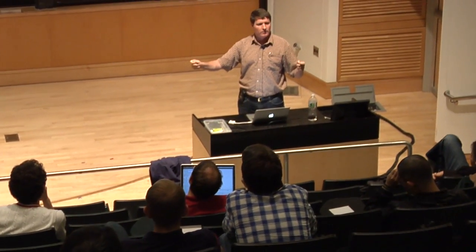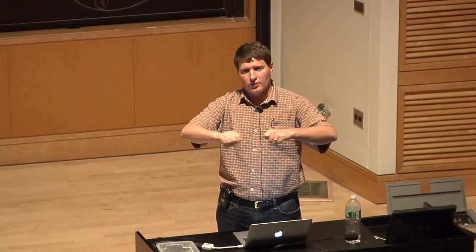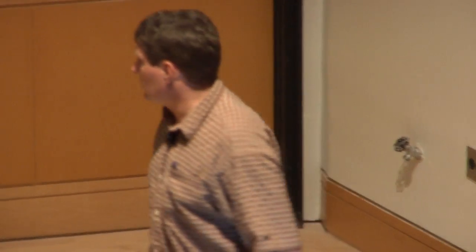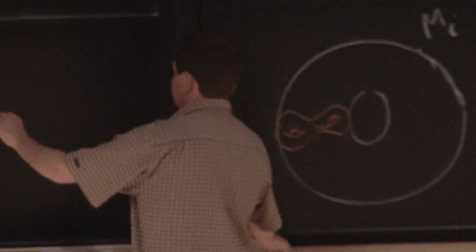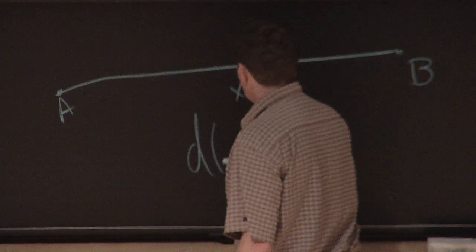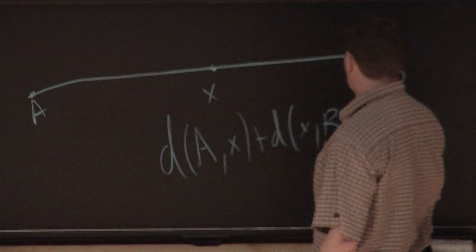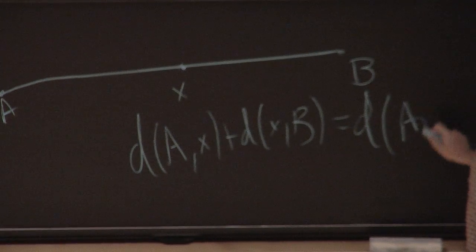If you have 2 points and you have an arc between them inside the metric space, it's parameterized by arc length. So in a geodesic, you have the property that for any point x on there, the distance from A to x plus the distance from x to B is equal to the distance from A to B.